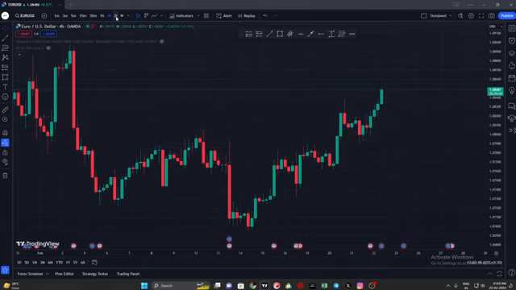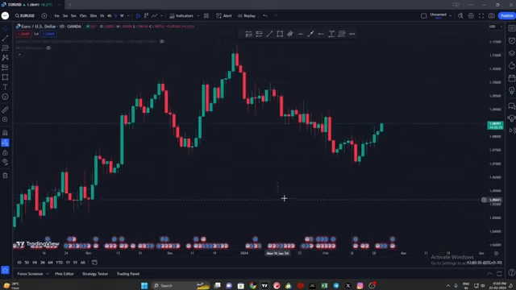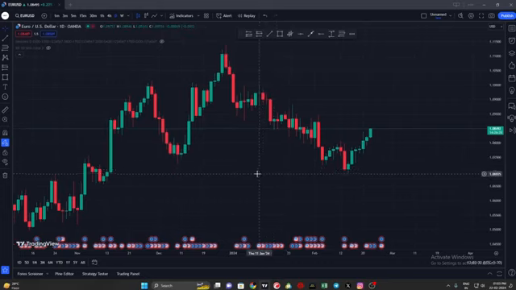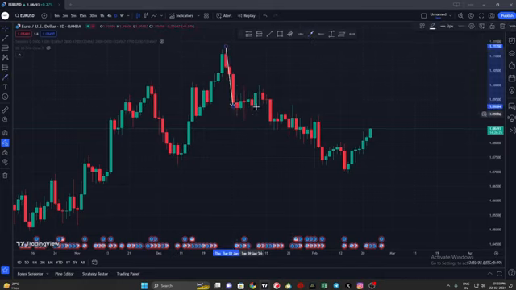And now let's move on to the daily chart and look for investments. From the investment perspective, this strategy works really well. I use it personally for investment purposes. Why? Because you can see very clearly that we had a drop, and then we made some sort of base here, and then price made a breakout here.